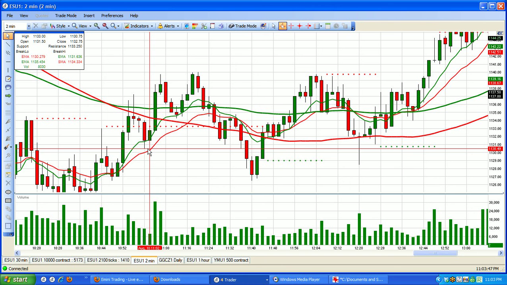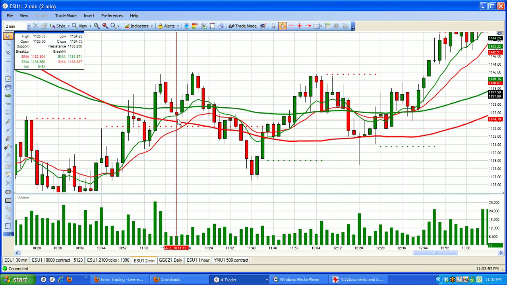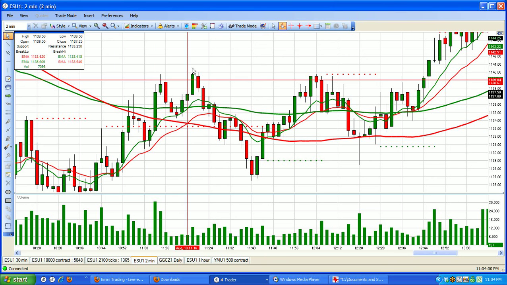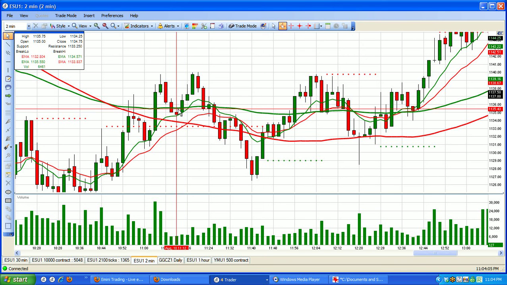But look how this works. It hits, it pulls back to the where? That green line. It bounces, pulls back to what? Green line. Now here's where it gets hard, okay? You've had 2 nice bounces.